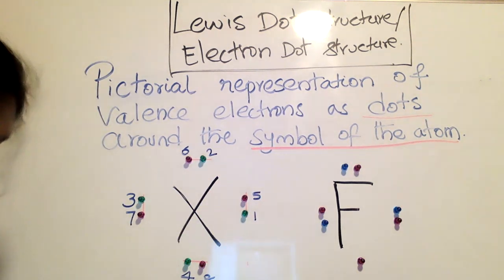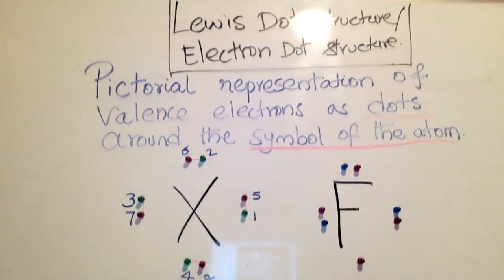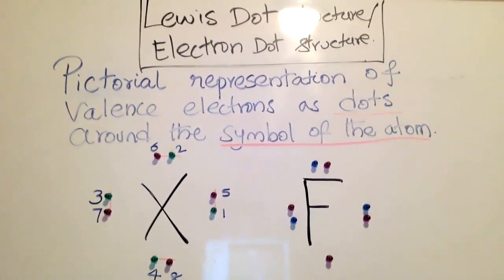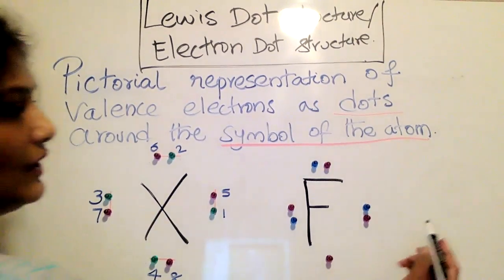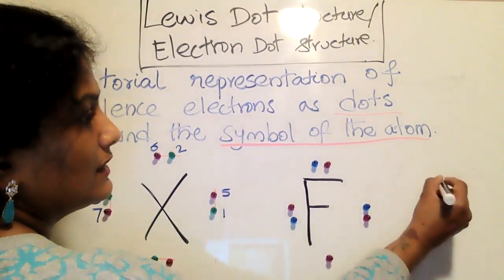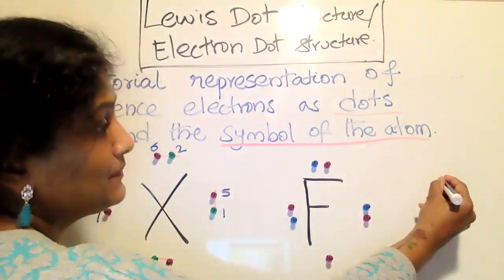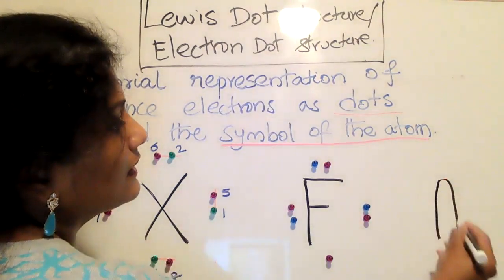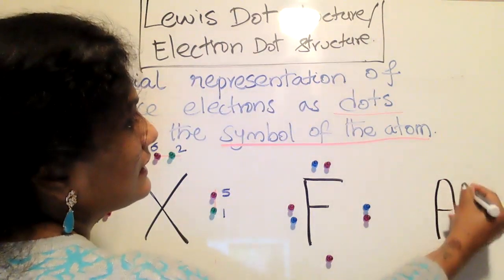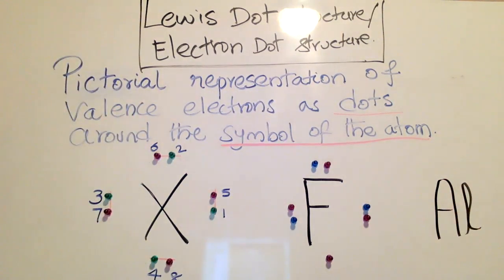Why don't we do one more? Can we do aluminum? What is the symbol for aluminum? I'm waiting for you. Al. Aluminum has atomic number 13. It's in group 13.